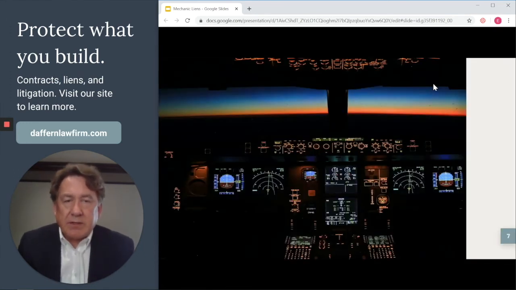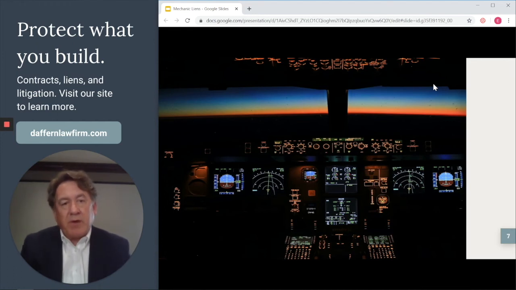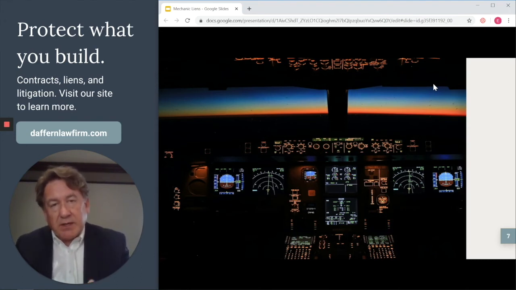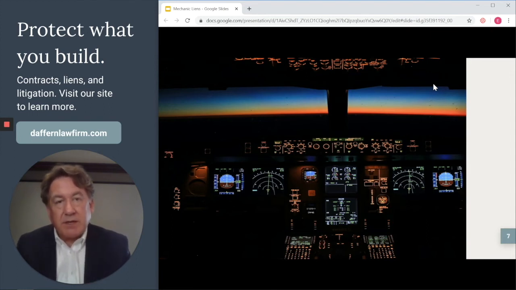Now, I got this idea about written systems from watching airline pilots. If you've ever been in an airplane and watched the pilot with his pre-flight checklist, that is basically a system. He has a checklist of everything that he has to go over to make sure that that plane flies safely.